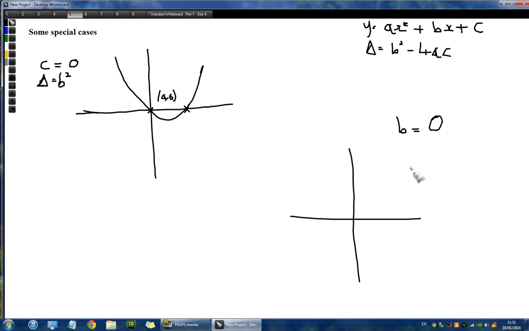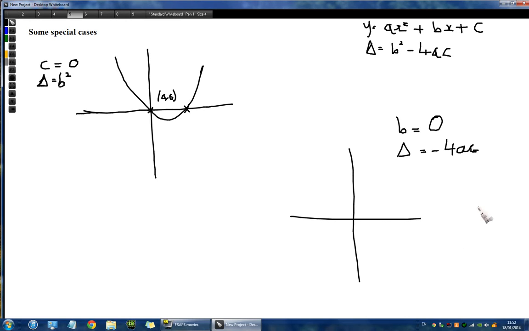What about the case when b equals 0? Well, when b equals 0, my discriminant is equal to minus 4ac. So what this means is that, let's say a is positive, the value of our discriminant depends completely on c.